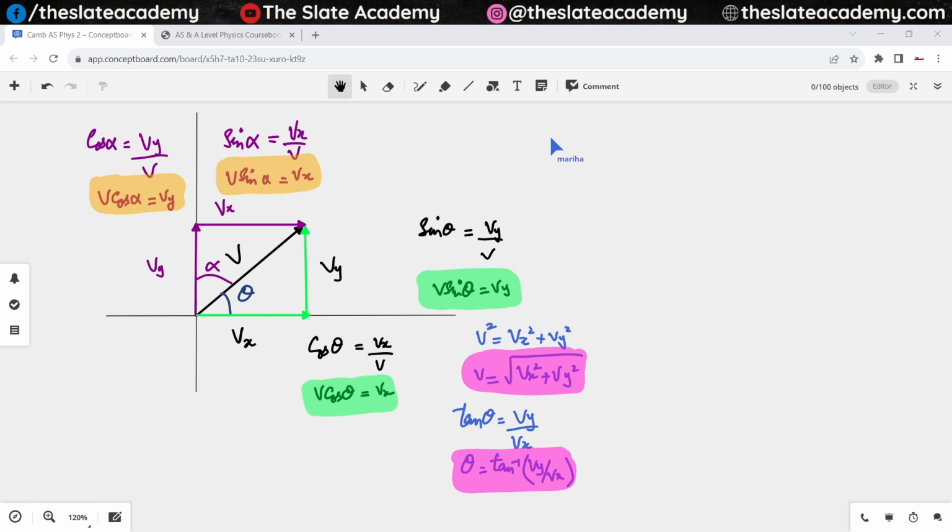All right, let's now apply this to the case of projectiles. I've got a body, let's say a football. The football is lying here on the ground.